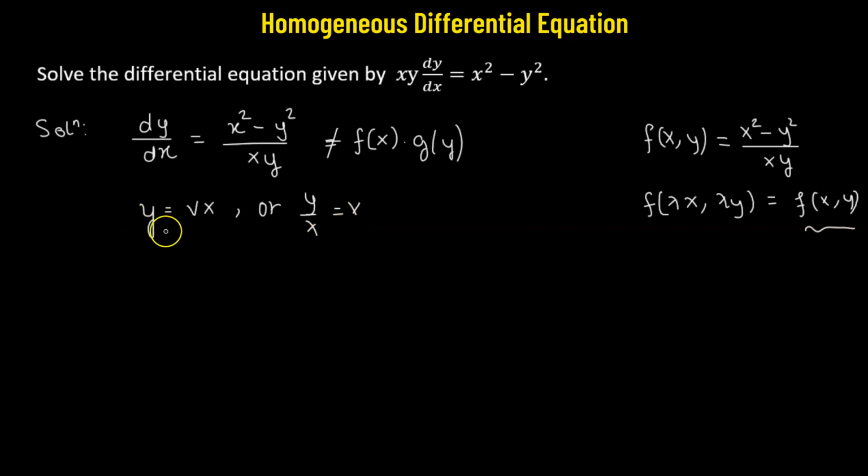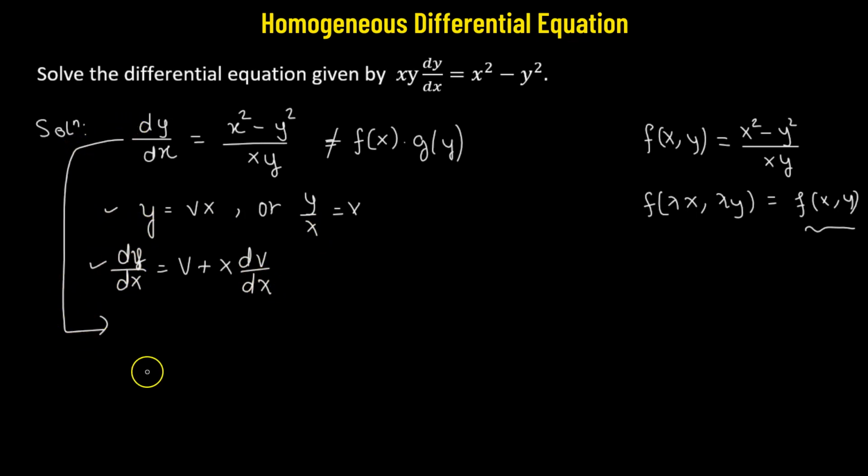Now if we take the derivative of this function with respect to x, applying the product rule, we have dy/dx equals v plus x times dv/dx. We substitute this into our differential equation, which gives us v plus x times dv/dx equals x squared minus y squared over xy.